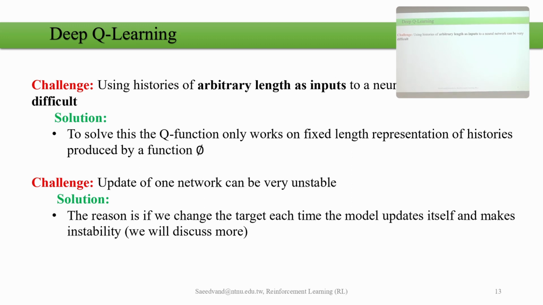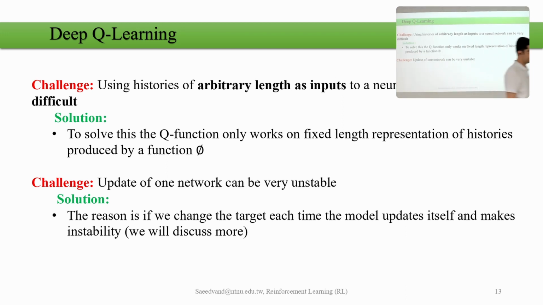Then your input for the neural network is not of fixed size, and you cannot do that. So that's one challenge: you should somehow define the problem to be stationary. The Q function only works with fixed lengths, so we try to limit the size, so that the history is of fixed size.